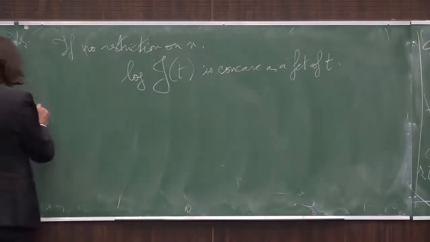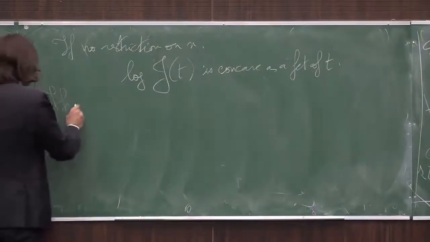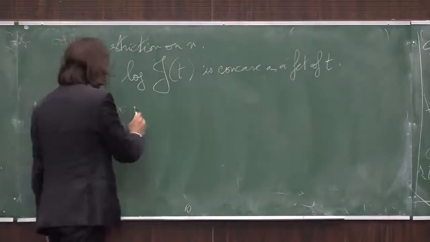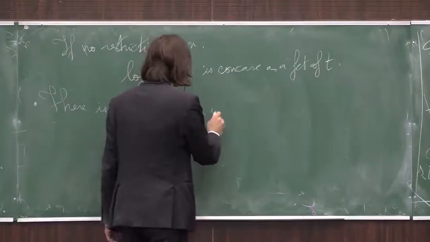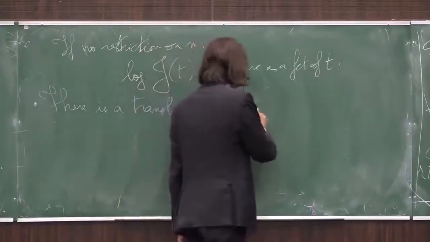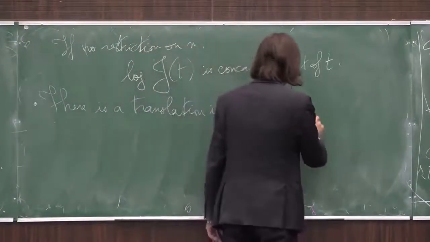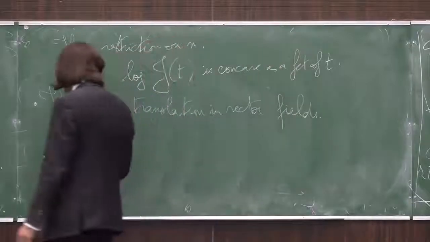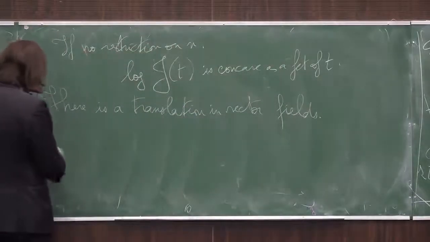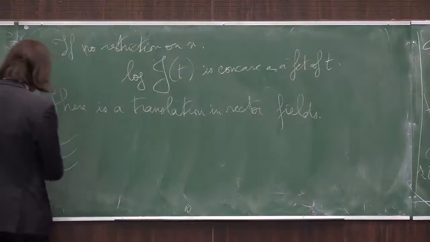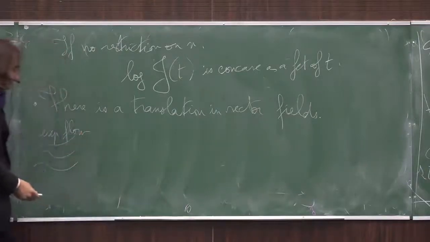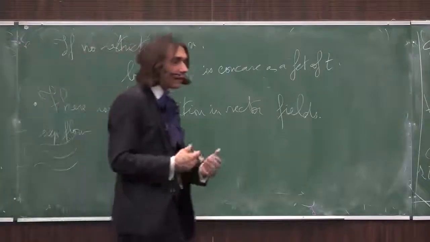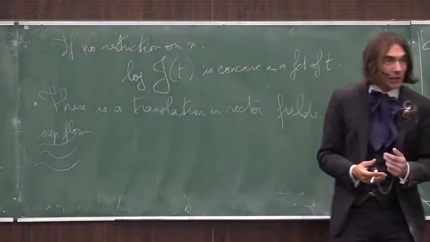Let us also mention that there is a translation in terms of vector fields. Because what we did here is follow the exponential flow. But how do you define the exponential flow?